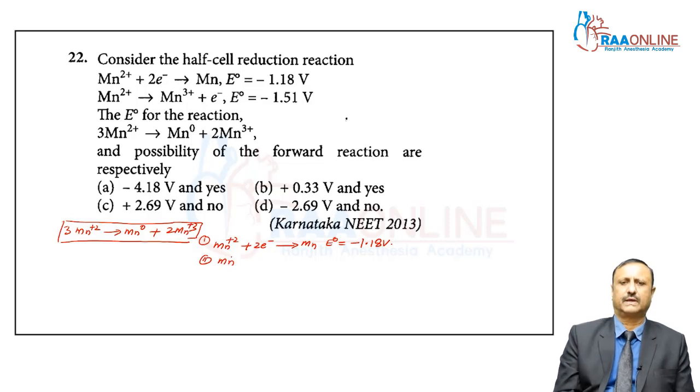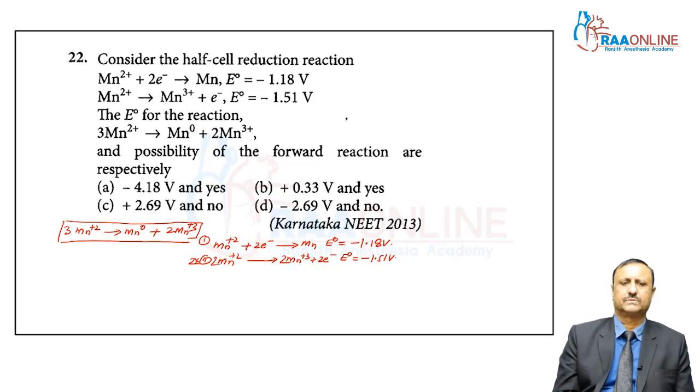In this required reaction, Mn2+ gives Mn3+ plus an electron, and E naught is equal to minus 1.51 volt. Here, my dear students, the electron is 1, and here the electron is 2. So you can multiply by this 2, and you get 2 Mn3+ and 2 electrons.